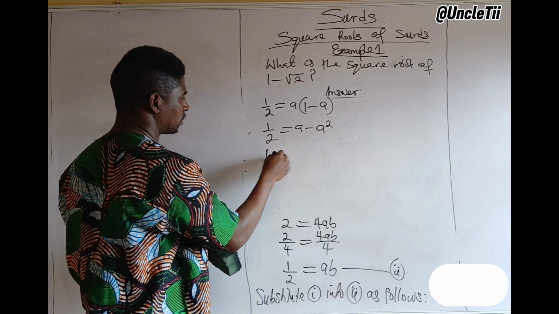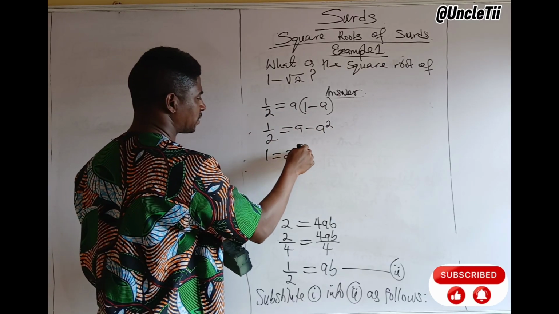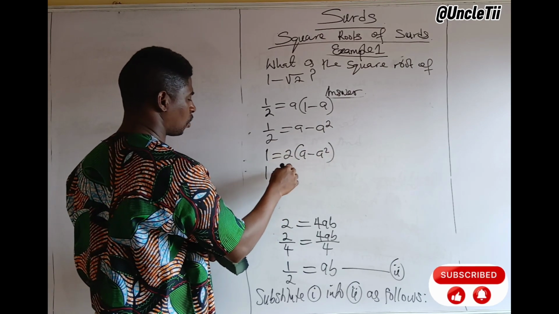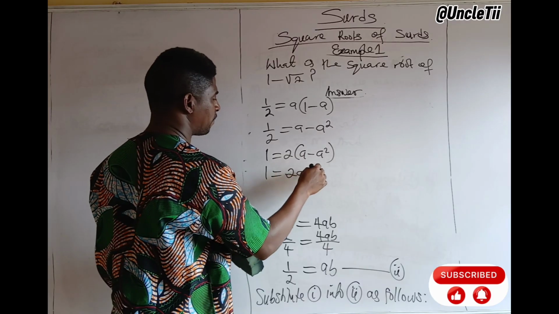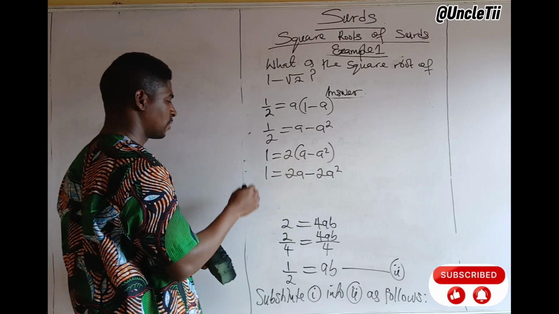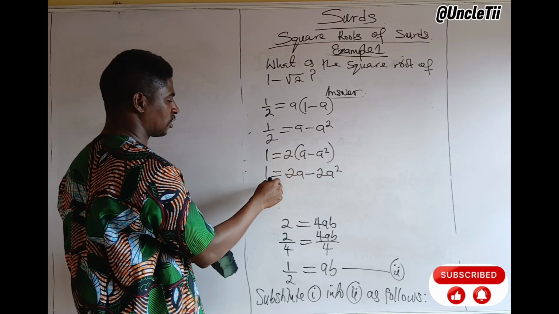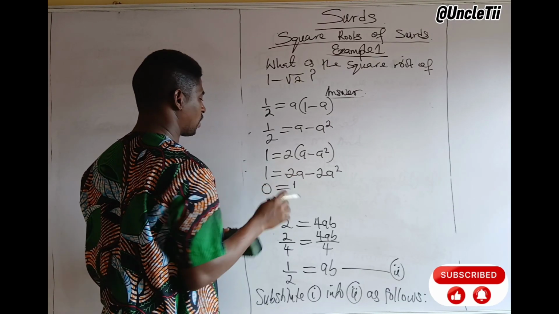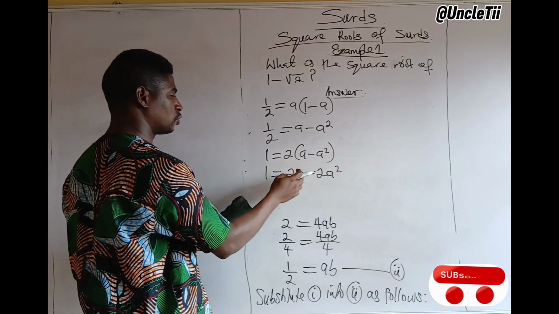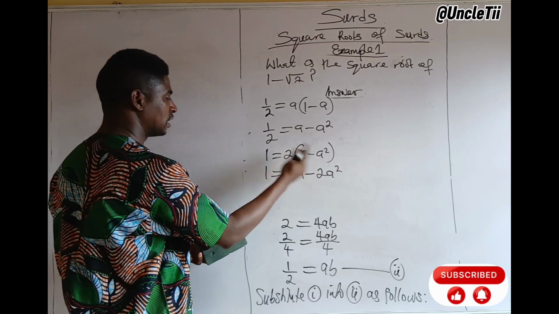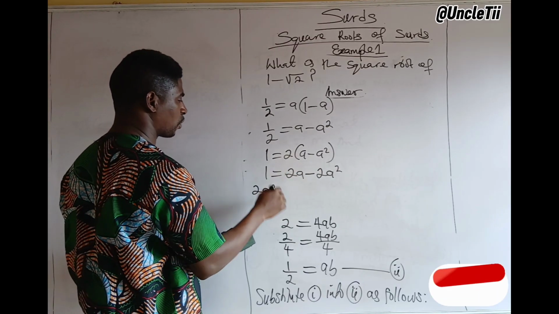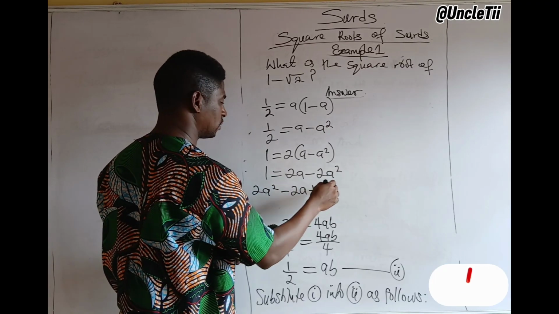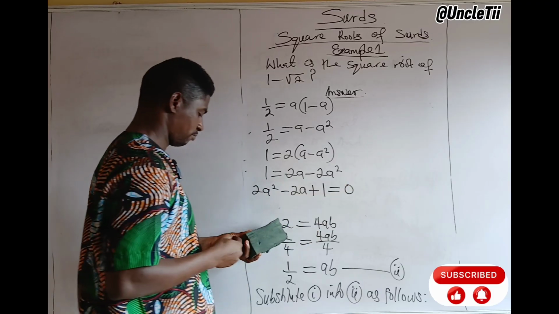This will give us 1 equal to 2 times A minus A squared, and this will give us 1 equal to 2A minus 2A squared. Let us move 2A and minus 2A squared to this side. If they come over here, we have 2A squared minus 2A plus 1 equal to 0.